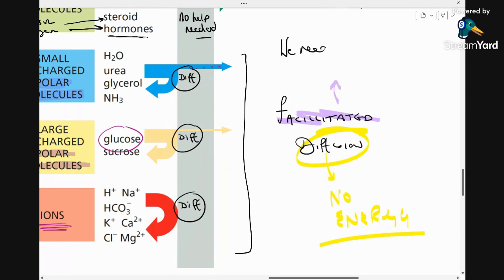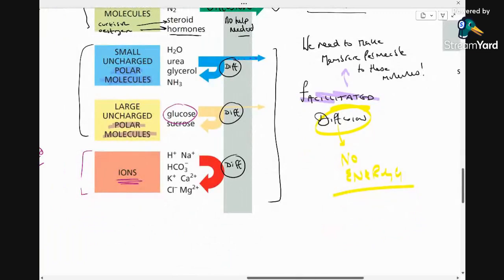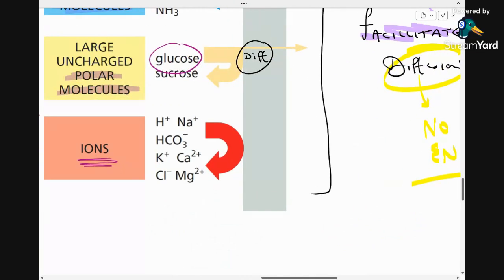We need to make the membrane permeable, or more permeable, to these molecules. We need to do something to allow these, let's say, ions, for example, down here through.